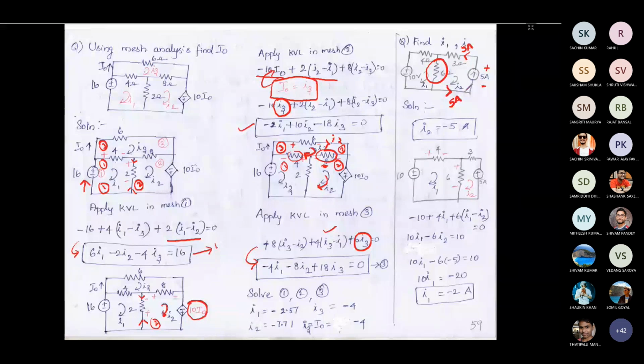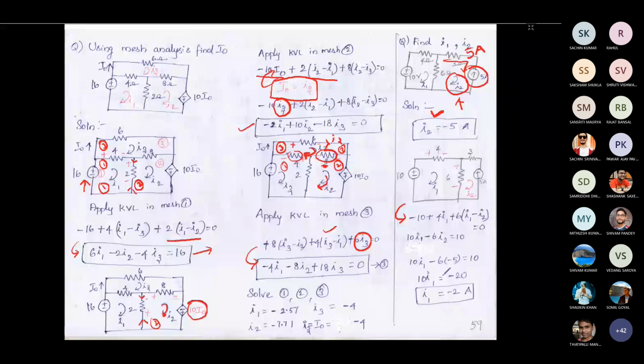For I2, we have assumed the current direction like that, but in this path the current flowing will be 5 ampere only. The magnitude is 5 ampere, but the assumed current direction and the actual direction of the current source are different, so you consider I2 as minus 5 ampere. Once you substitute I2 is equal to minus 5 ampere in this equation, you can find the value easily.